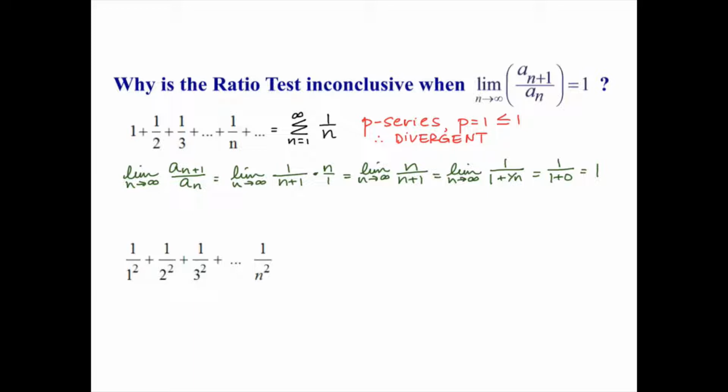Okay, here's another p series. So this is the sum from n equals 1 to infinity of 1 over n squared. So like I said, another p series. P is 2, which is greater than 1. Therefore, this series is convergent.